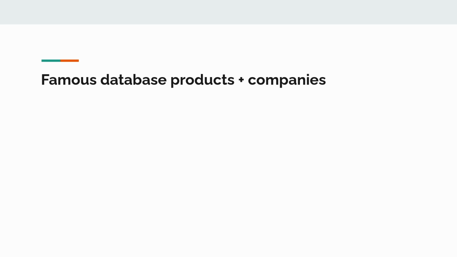I want to show you famous database products and companies. Remember, I'm not sponsored by any of those, I'm just telling you which are the most famous. Some of those I even use myself. So the first we have is Oracle, an Oracle database, which is produced by the company Oracle. Oracle has multiple databases, but I think there is one called Oracle.